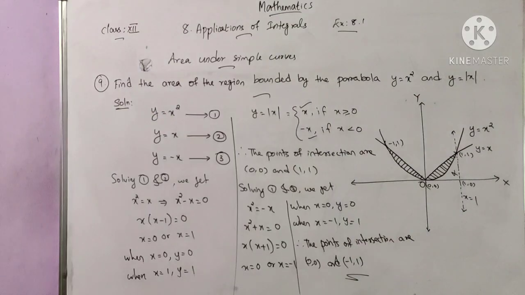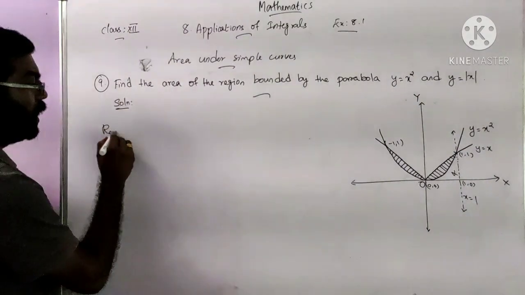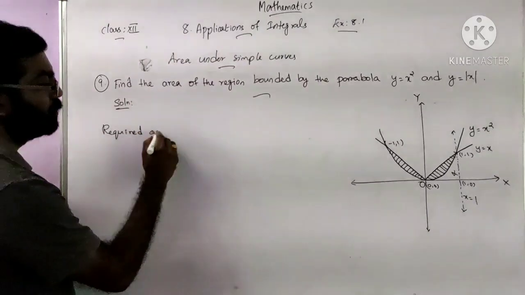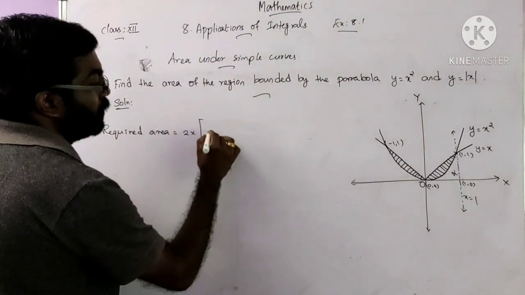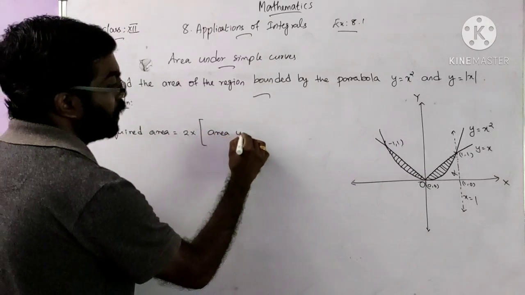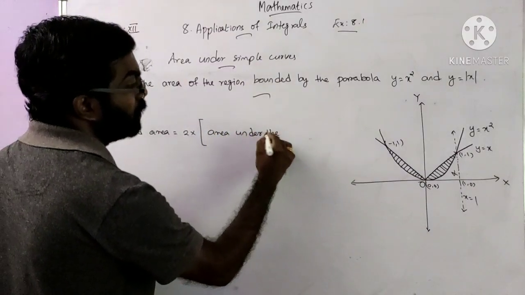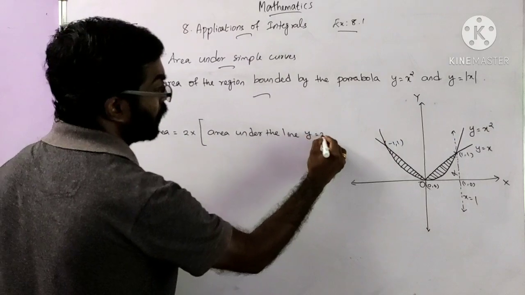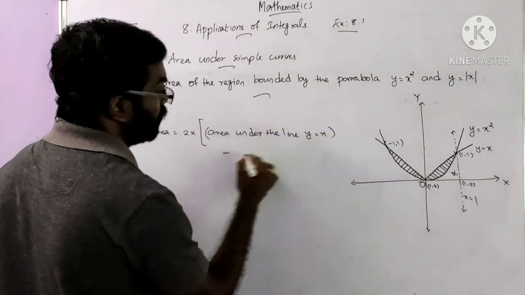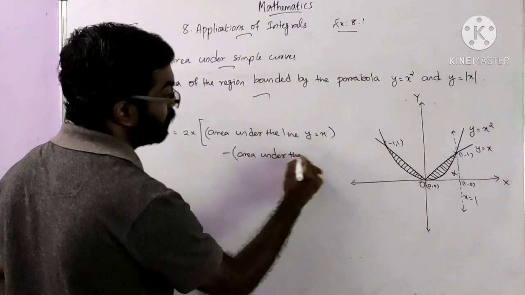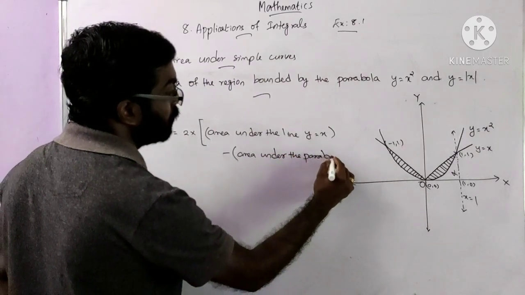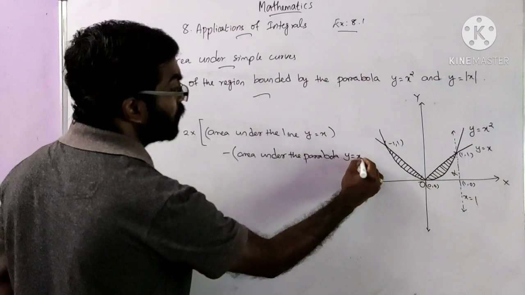Okay. So required area is equal to 2 into the area under the line y equal to x minus the area under the parabola y is equal to x square.